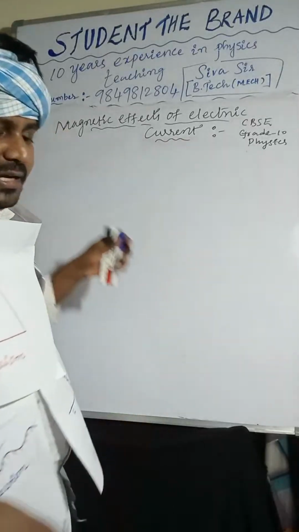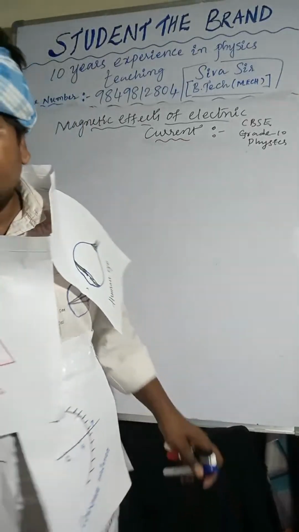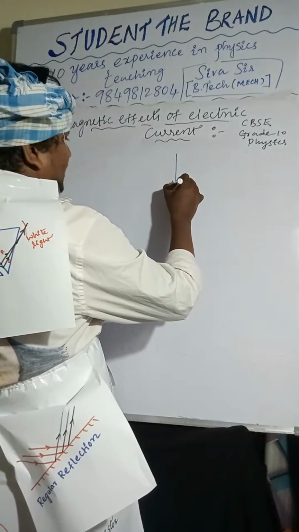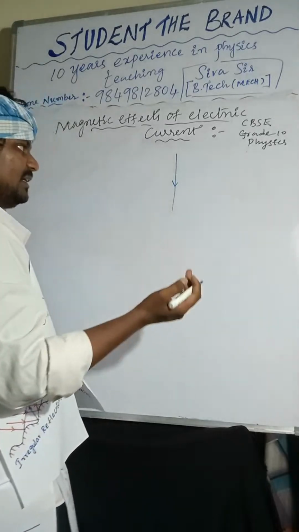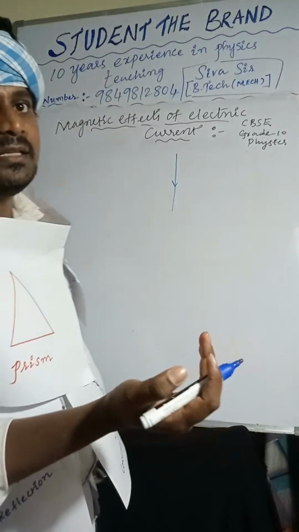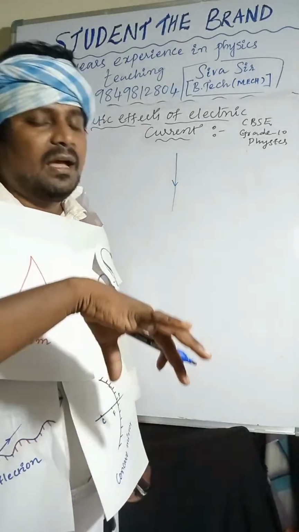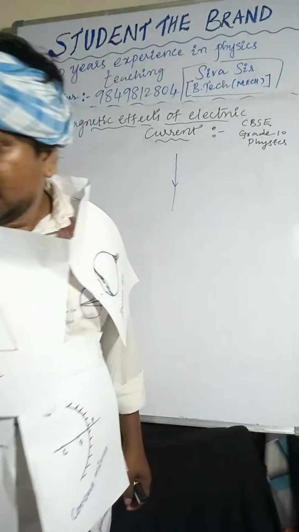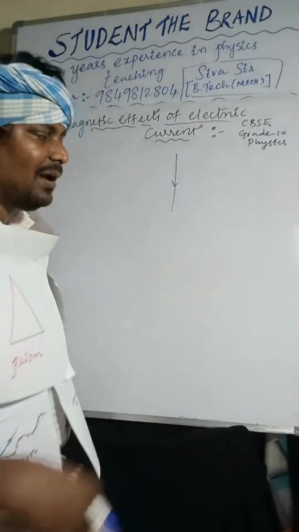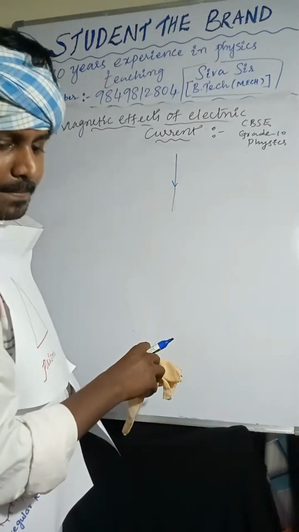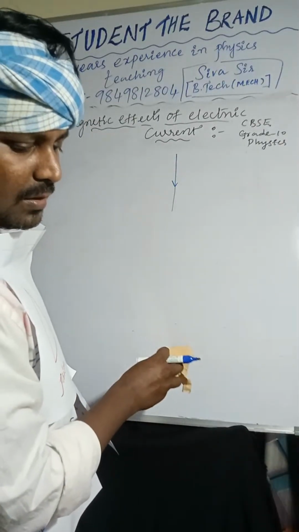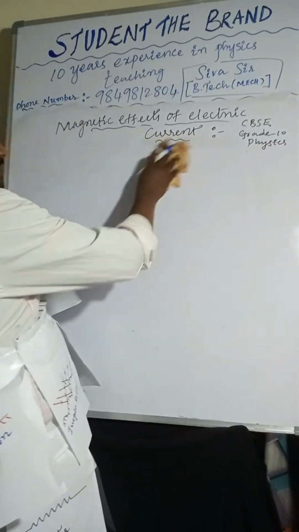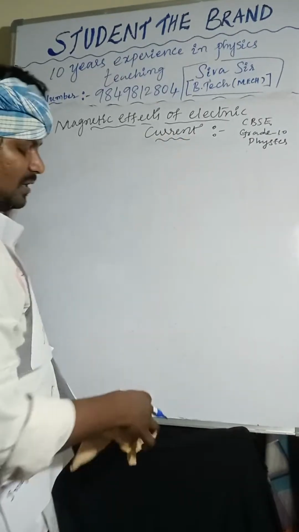Accordingly, we can identify it, and they will ask in the form of clockwise or anti-clockwise. I'll give an example. If the current is passing from north to south, what will be the direction of the magnetic field? By using the right hand thumb rule, we can identify it. Generally, they will ask questions with north to south and east to west only.